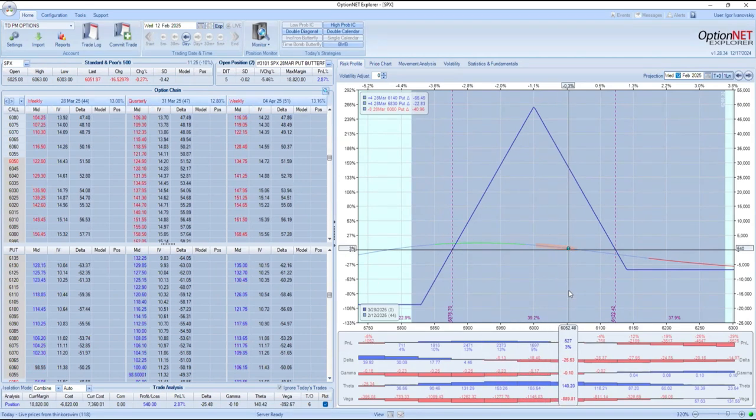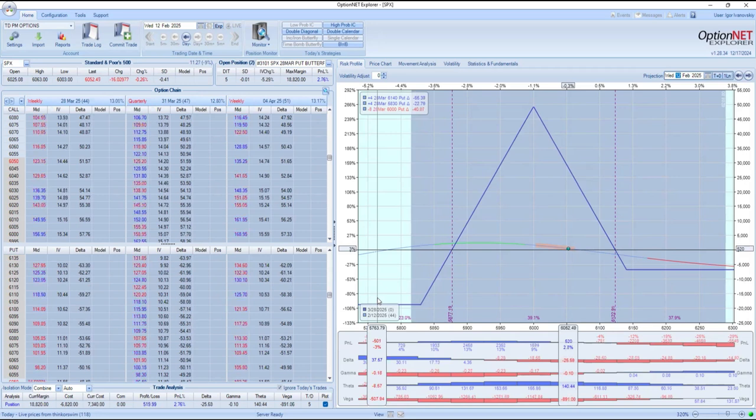But you could also say, all right, if I paid $17 for a broken wing put butterfly where my downside risk, or the difference between these two spreads, is 30 points plus the debit, so it's $4,700. That's the Reg T margin. That's what you have to put up with your broker.